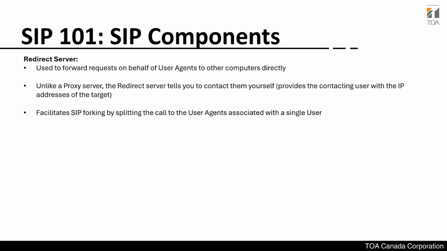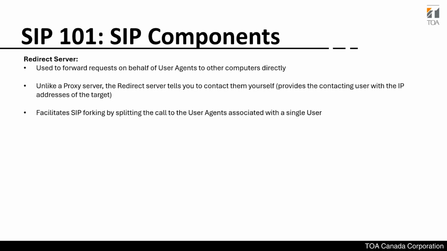The redirect server is used to forward requests on behalf of user agents to other computers directly. Basically, it's just call forwarding, and unlike the proxy service, the redirect service tells you to contact them yourself, providing the contact user with the IP address of the target.